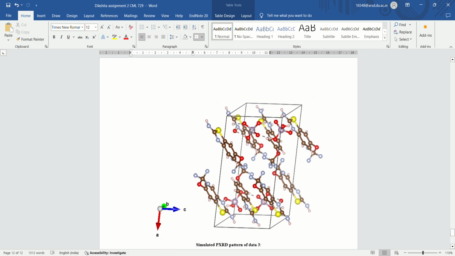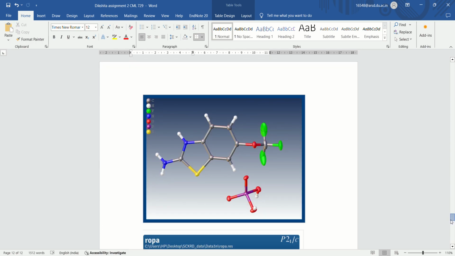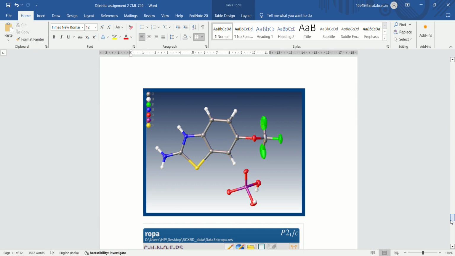Again, hydrogen bonding can be seen in this crystal packing diagram, which was not visible in OLEX software. These oxygens are actually forming hydrogen bonds.